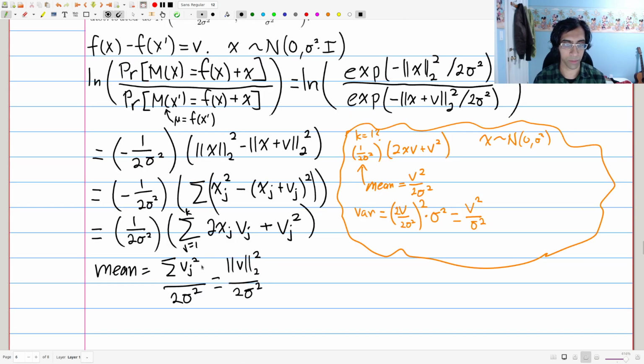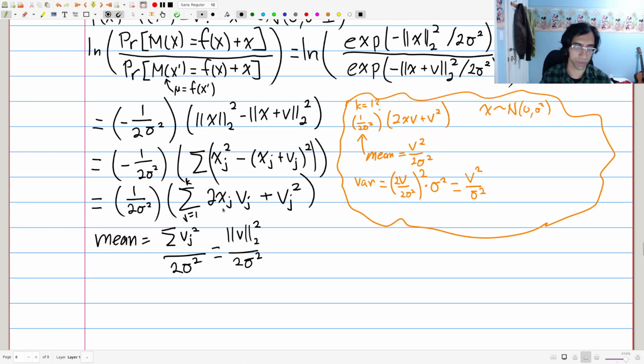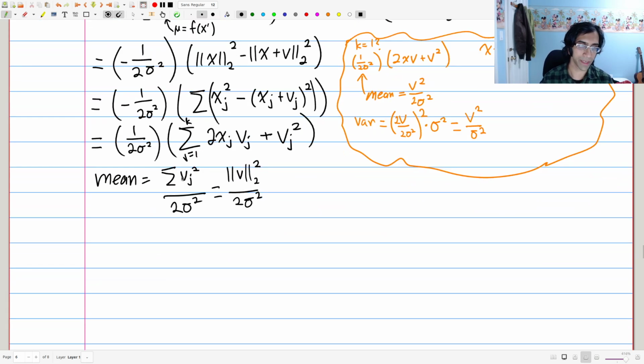We have to do a little bit more work for the variance, but not too much more work. In particular, we want to understand what this distribution here is. Let's ignore the additive term now and just focus on the rest of it, which is going to be 1 over 2 sigma squared times the summation of 2xj vj.